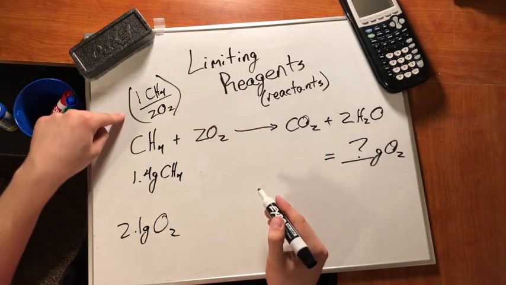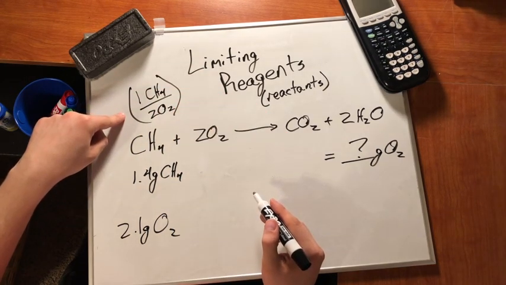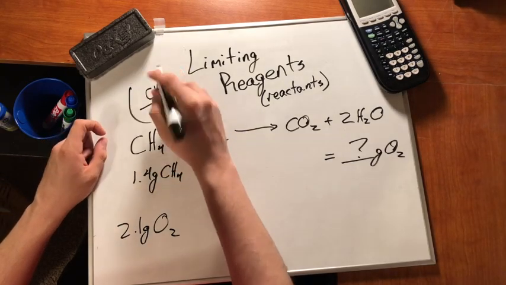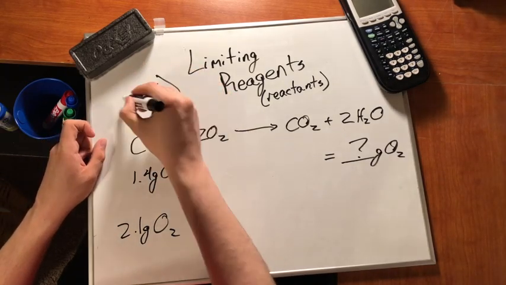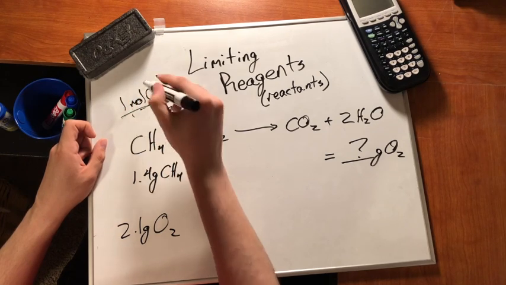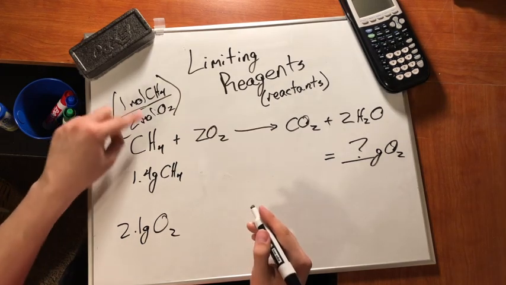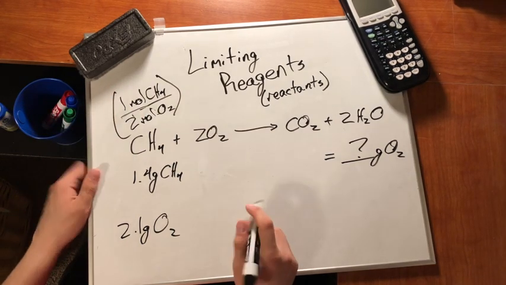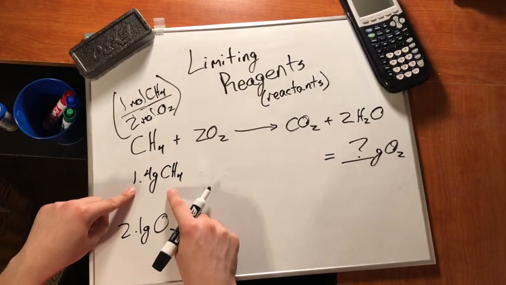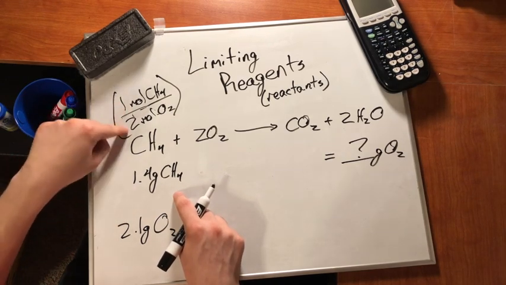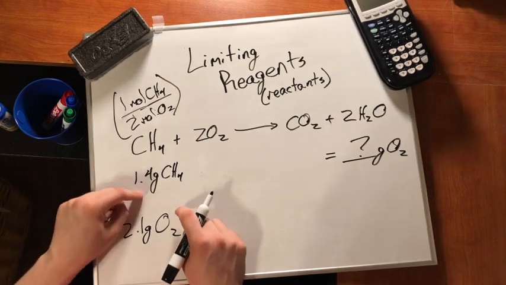That's my reagent ratio. But keep in mind, that ratio is in moles. Well, the thing is I'm in grams here. So being in grams doesn't apply to the molar ratio because they're in different units.